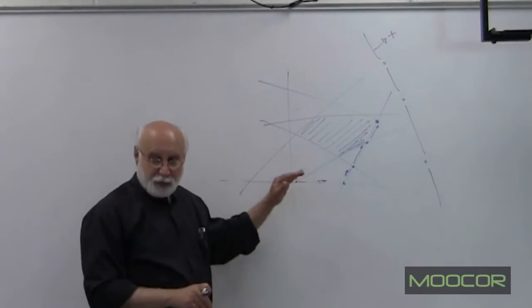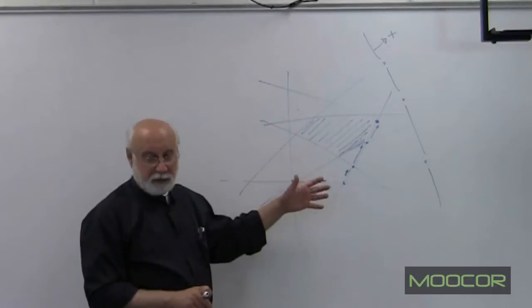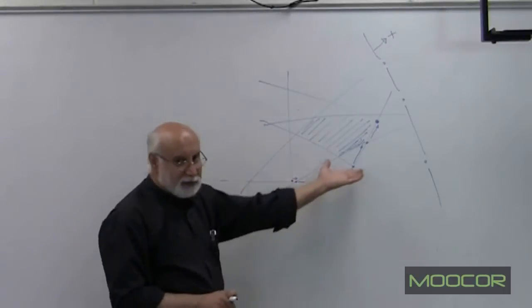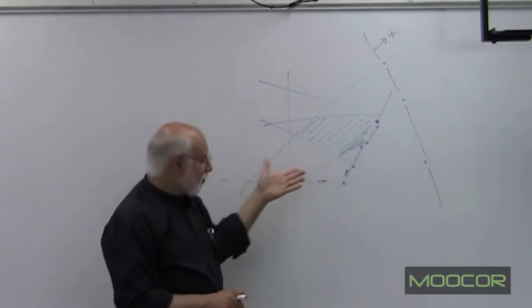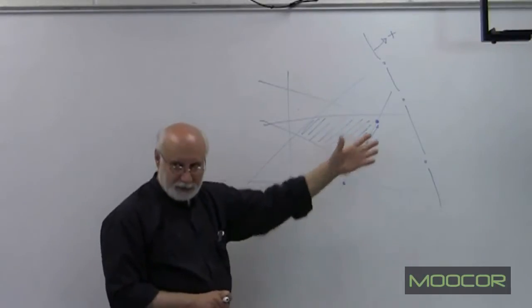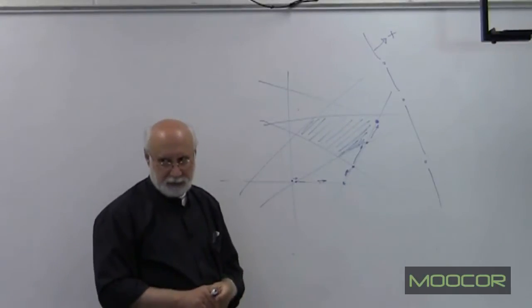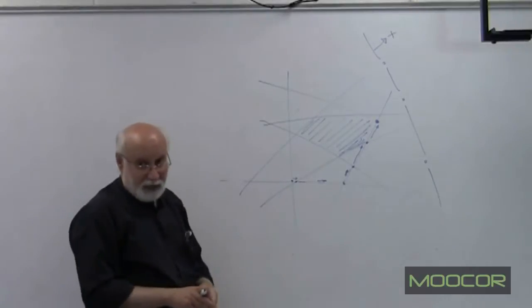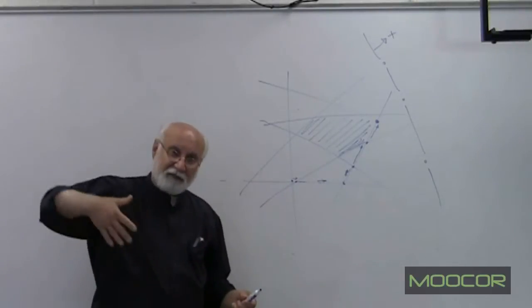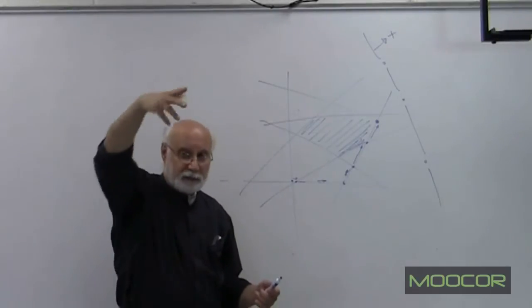So this is a drawback. Again, I don't know whether this is the case that is going to happen, but I'm saying that this is a possibility. In fact, it may be that you have to stay infeasible until you hit the optimal solution.